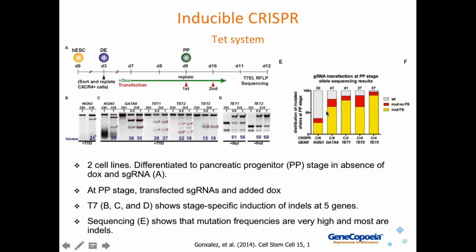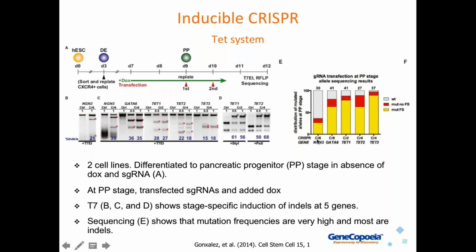And what they did was differentiate the iPSC cells to pancreatic progenitor cells in the absence of dox, and then at this stage they transfected the guide RNAs and added doxycycline.